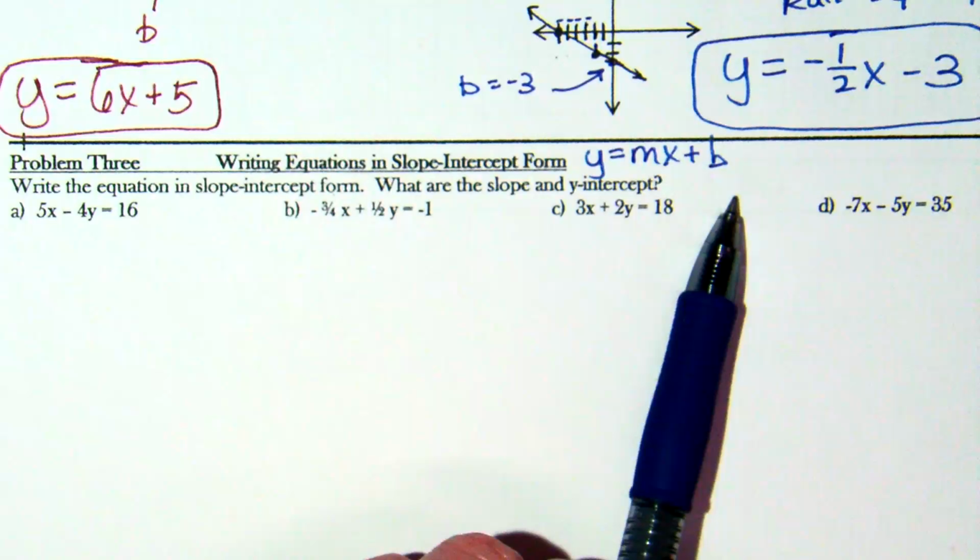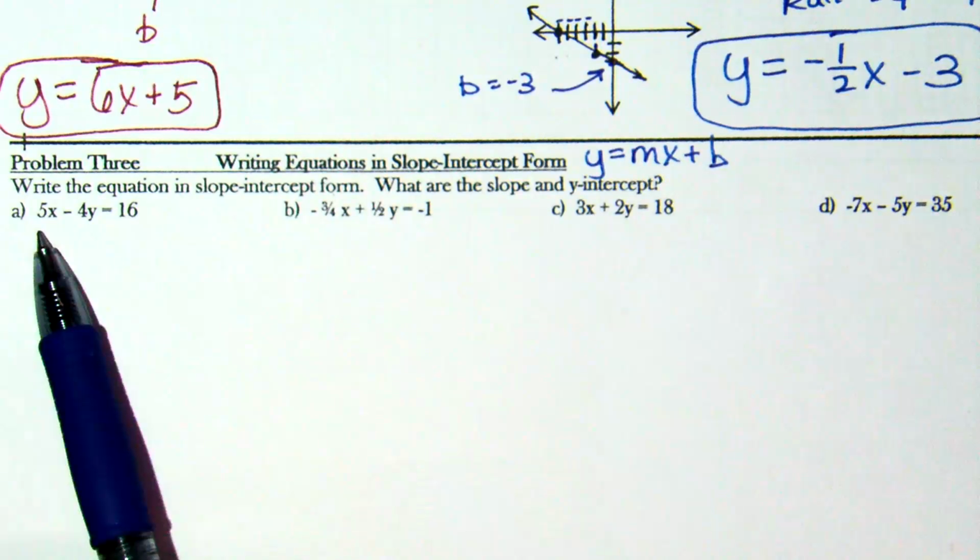So, how do I work to get 4y by itself? I don't want to divide by 4 yet. Okay, let's move the 5x. If it's a positive 5x, let's subtract 5x. If I subtract 5x on the left, subtract 5x on the right. What's 5x minus 5x? It's gone.